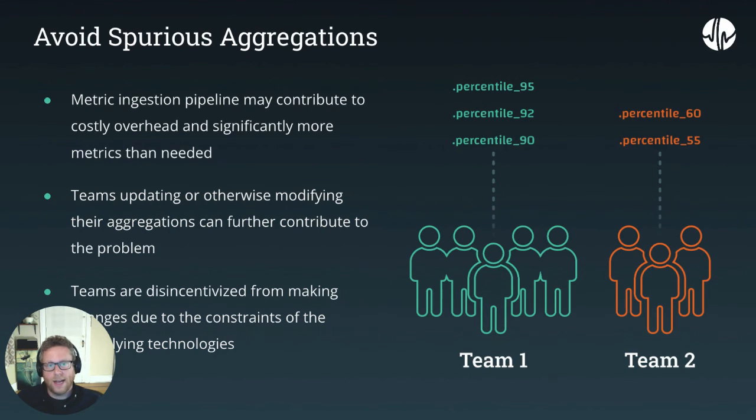And when defining these aggregations, we often find that different teams want different aggregations. So for example, you might have one team, as shown here, who's interested in the 90th, 92nd, and 95th percentile, and you may have another team interested in the 60th and 55th percentile. And we tend to see two different approaches in addressing this particular scenario, neither of which is particularly great.